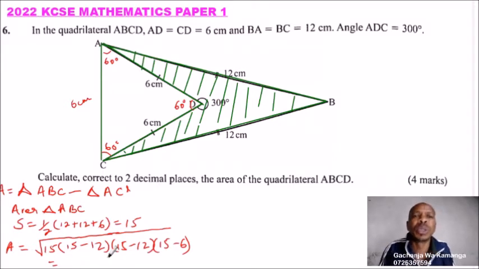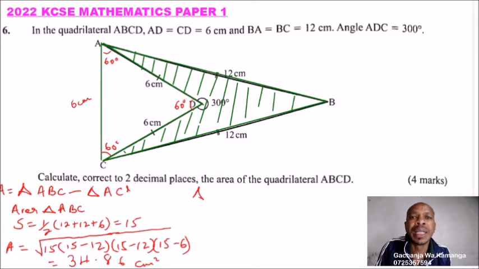When you compute, this will be 15 multiplied by 3 multiplied by 3, multiplied by 9. 15 minus 6 is 9. So this is 15 multiplied by 81, and you get the square root. You'll be able to get 34.86 centimeters squared. So that is the area of the big triangle.